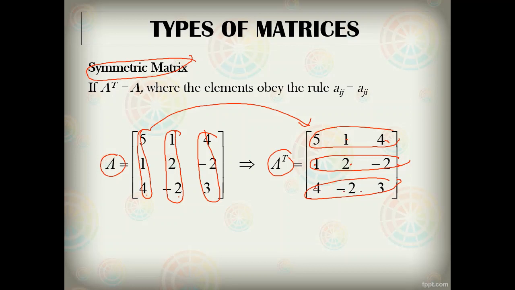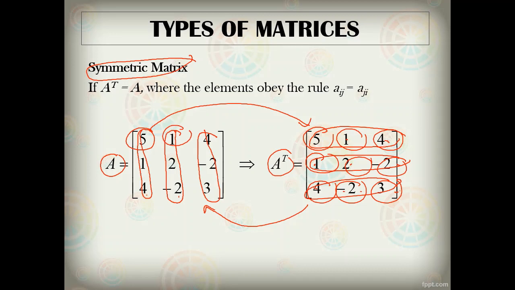And when you compare each of the elements contained in the A transpose here, they are similar to the elements in A: 5, 5, 1, 1, 4, 4, and so on. So in this case, your A transpose is equal to your A. This is called symmetric matrix.